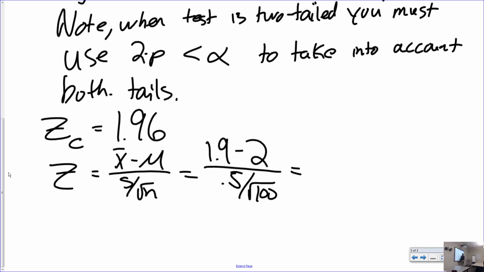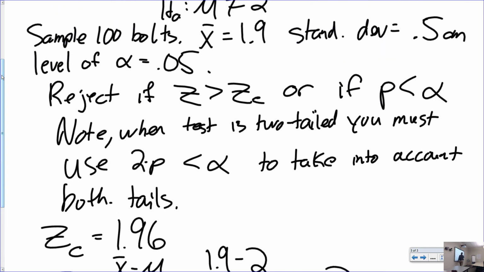Technically, it's negative. So again, remember it's two tails, so we can be greater than the Z critical value or less than the negative Z critical value.